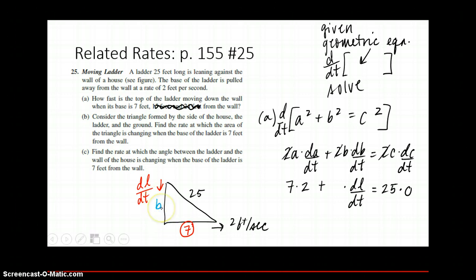Well, let's go back to the geometric relationship. B squared plus 7 squared equals the hypotenuse squared. So using the Pythagorean theorem, we would get 24 as this side length at the exact moment when the ladder is 7 feet from the house. So we would plug 24 in here.